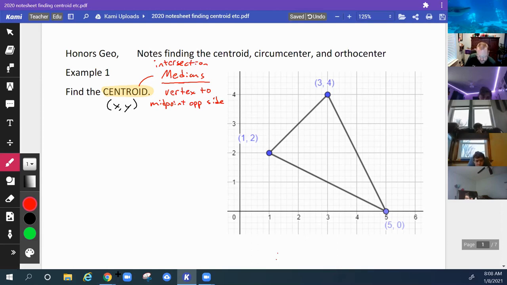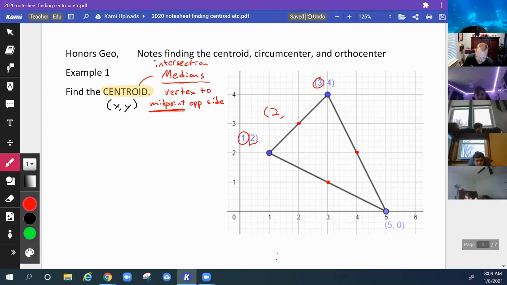First, since we're dealing with midpoints, let's find some midpoints. Now I'm not going to go through the midpoint formula. This is something that we did in first semester, so you could actually find those. But remember, I'm taking the x values and adding them. So if I take 1 and 3, that's 4, divided by 2, that's 2.